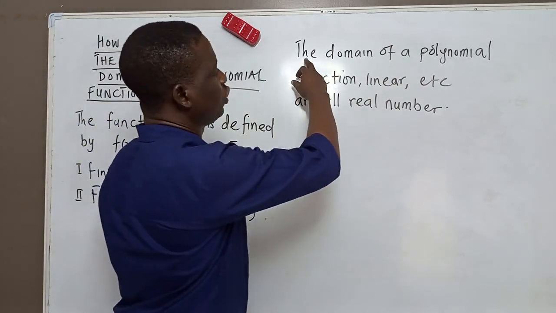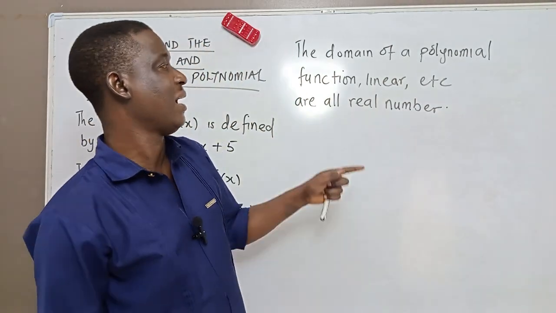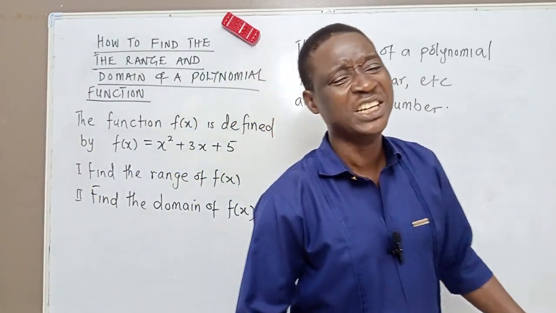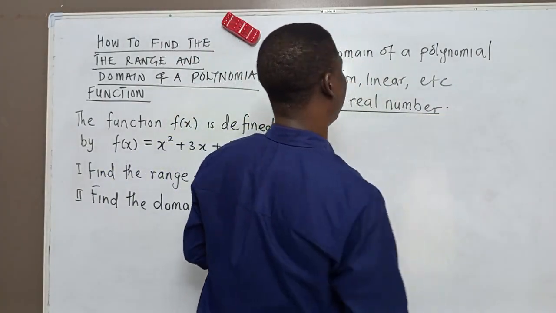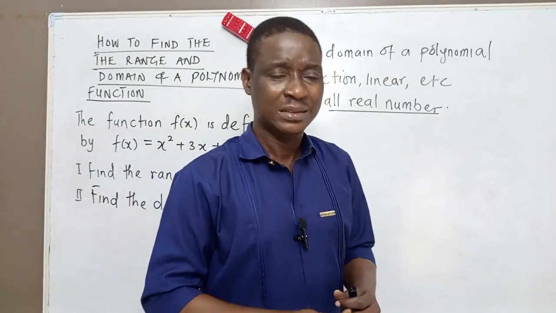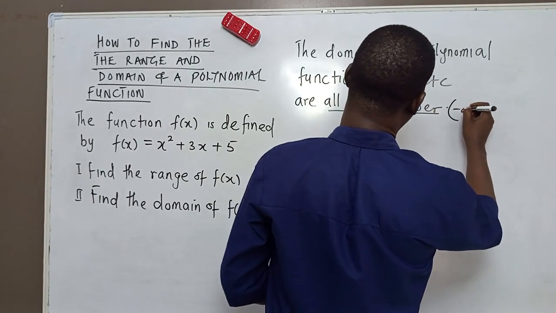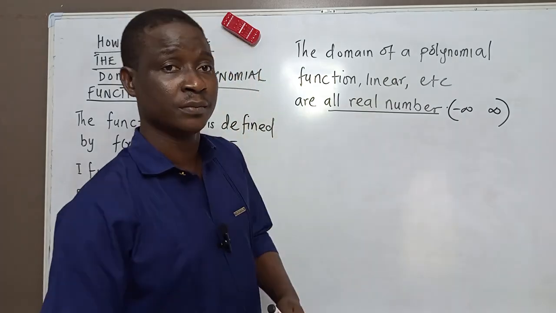Now, the domain of a polynomial function, like linear functions and quadratic functions, is all real numbers. Please take note of that. They are all real numbers, meaning from minus infinity to plus infinity.